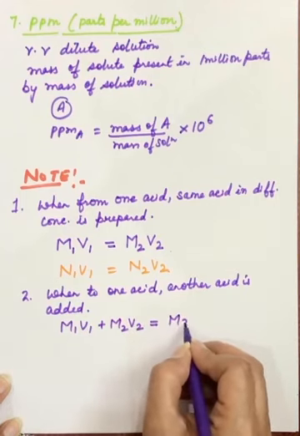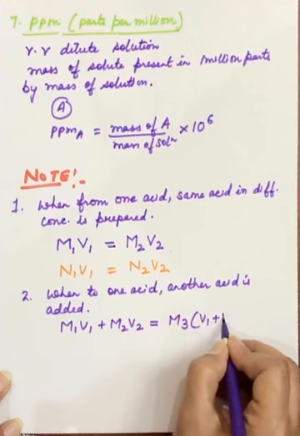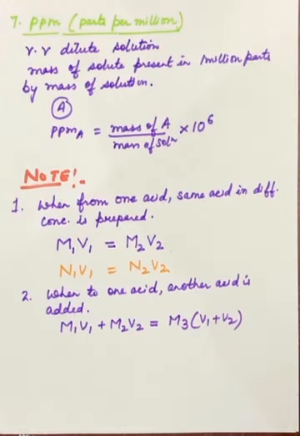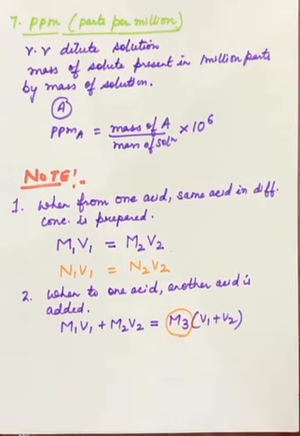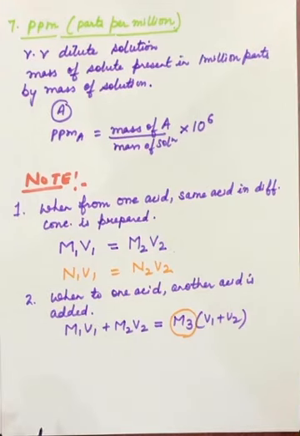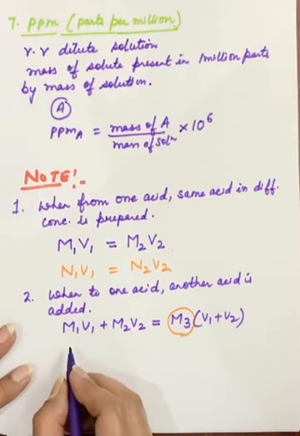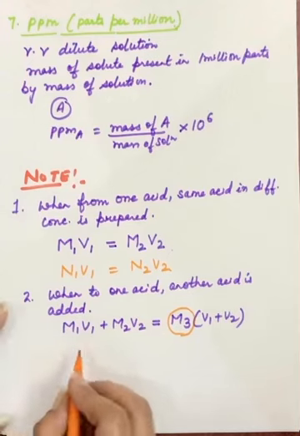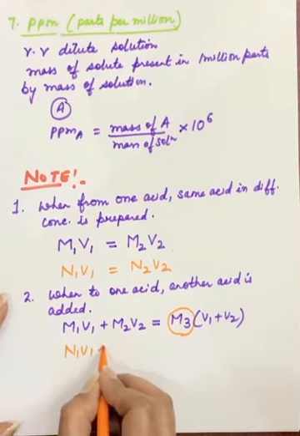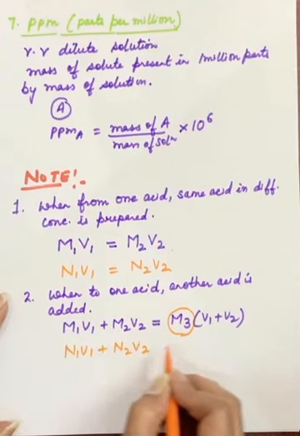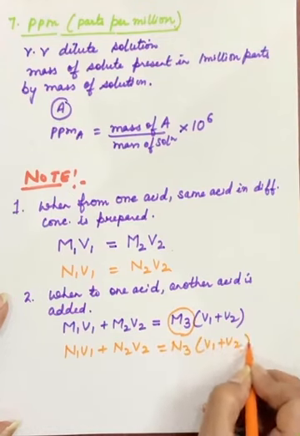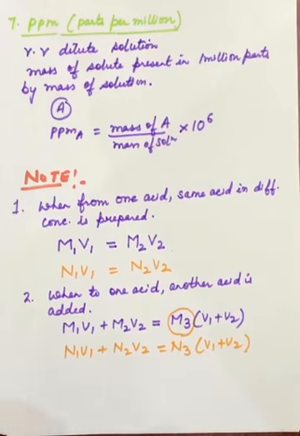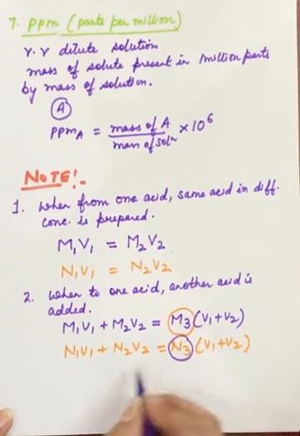So the new molarity will be M3 into V1 plus V2. So using this formula we can find out the molarity of the resultant solution after mixing one acid to another acid or one base to another base. And if normality is mentioned, then we will change this formula, in place of molarity we will write normality, and this one will be the formula to find out the normality of the resultant solution.